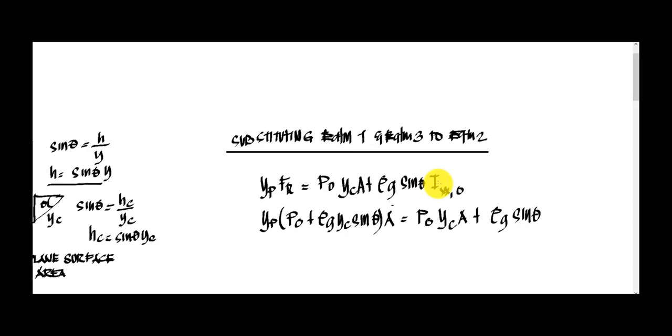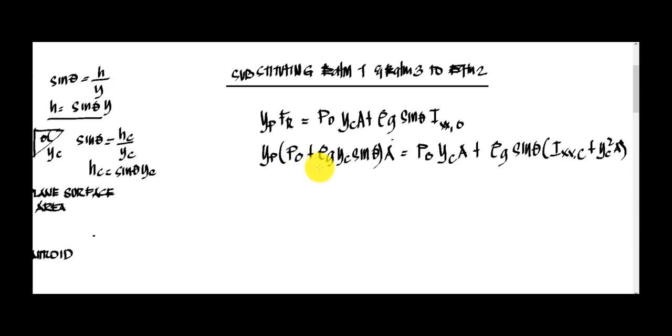So that will be the I, x, x of bc plus our yc squared times your area.